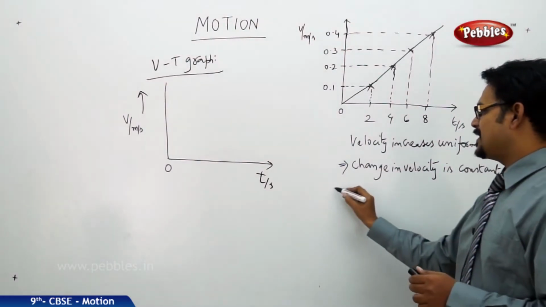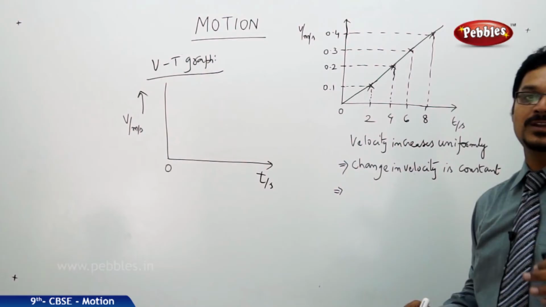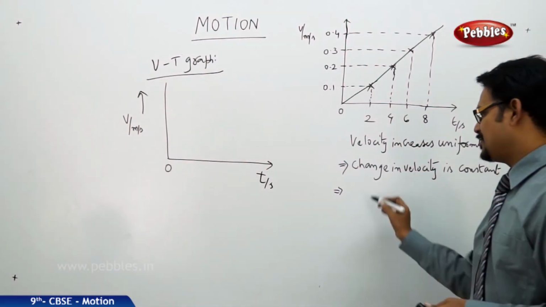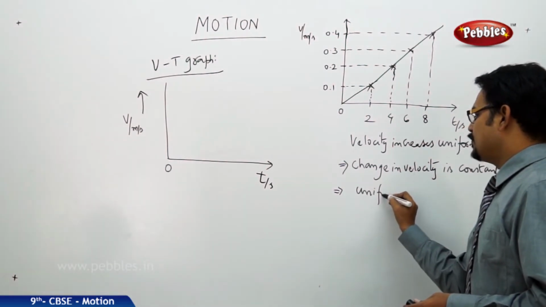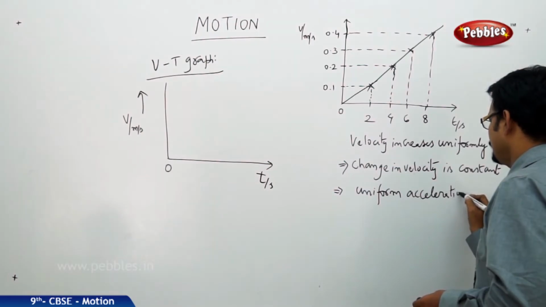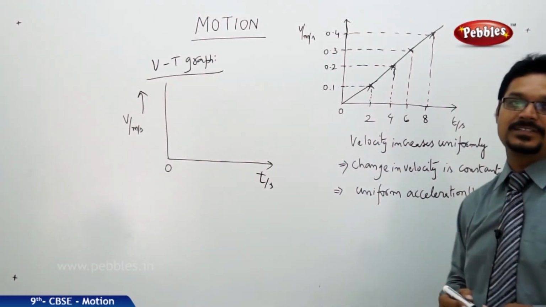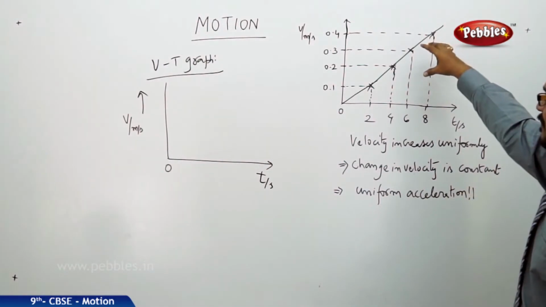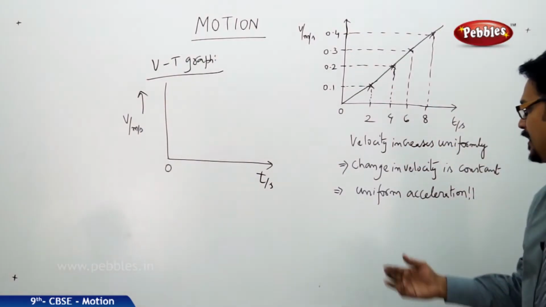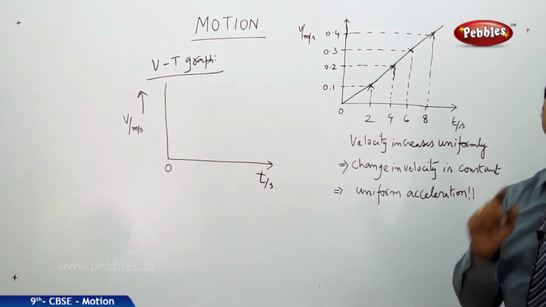Whenever change in velocity is constant, then change in velocity by time is what? Correct, it is acceleration. So it has uniform acceleration. Yes. So whenever you see this graph, you can tell that velocity increases uniformly, or you can say that the body is having uniform acceleration, means constant acceleration.